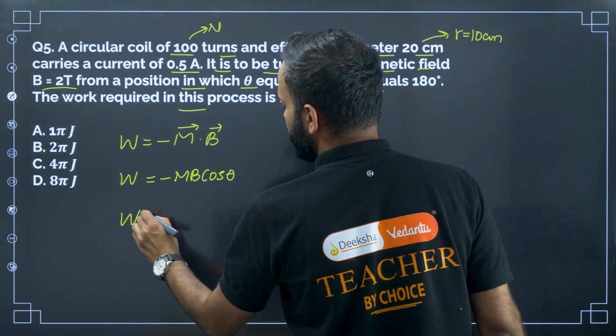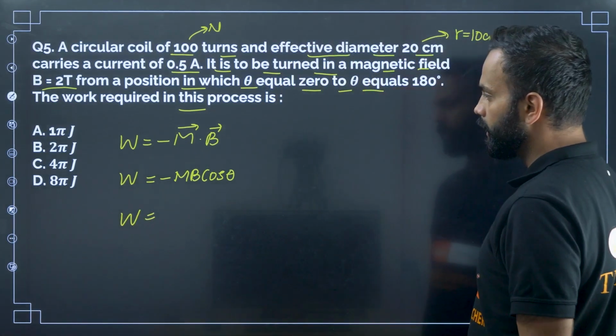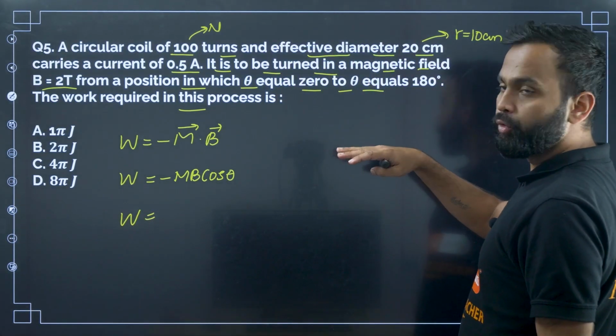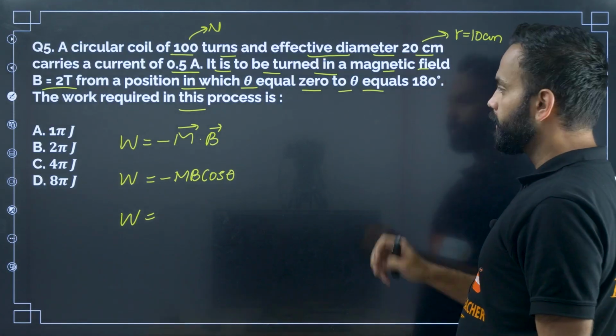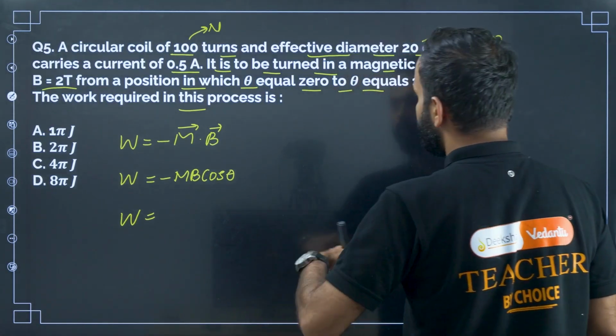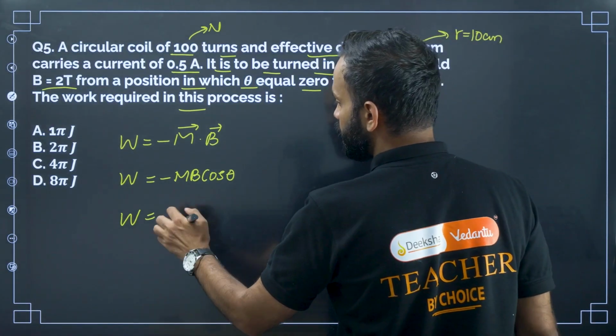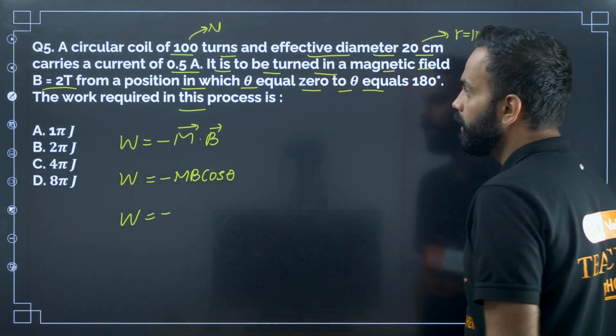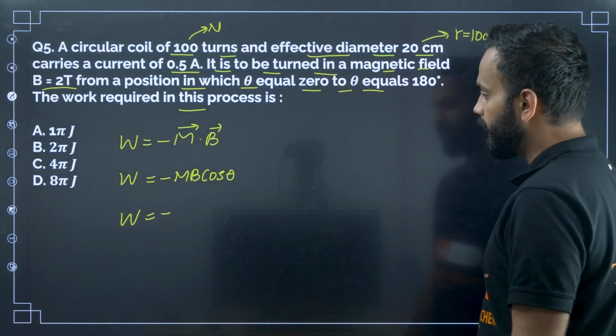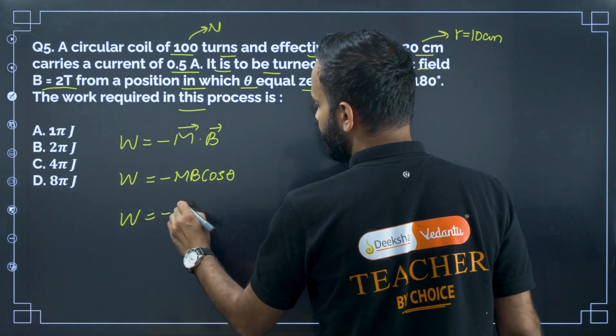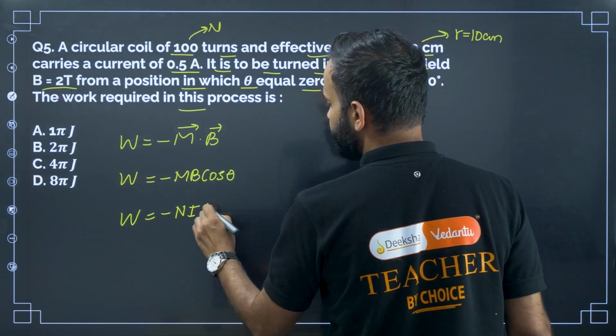So now work done, it moved from 0 to 180 degree, so minus M. M is the magnetic moment. Magnetic moment is N into I into A, right?